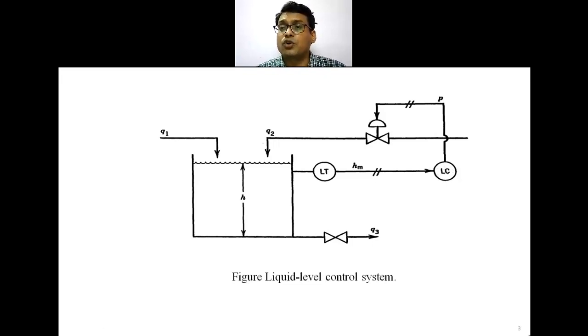Now this controller takes a certain action and sends the signal to the control valve. This control valve adjusts its valve position, stem position, so that the inlet flow rate going to the tank will be adjusted.